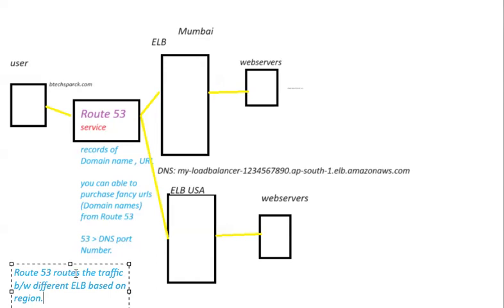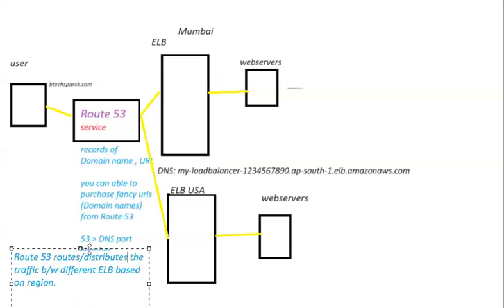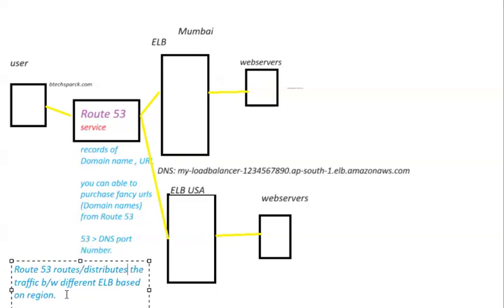Route 53 is a service that routes, or you can say distributes, the traffic among elastic load balancers present in different regions.